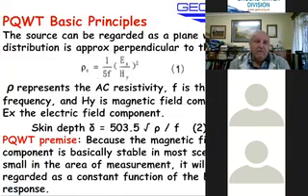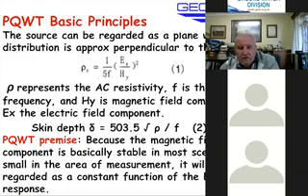Then coming back next, PQWT, basic principles. That's Cagniard's original formula. He's a Frenchman who was a very bright guy. Around about 1961 is his seminal paper. Rho represents the alternating resistivity, F is the operating frequency, and then the magnetic field and the electric field.